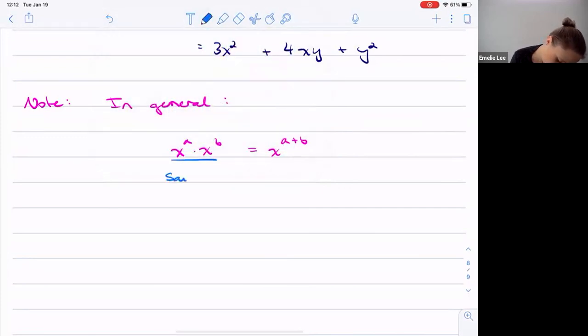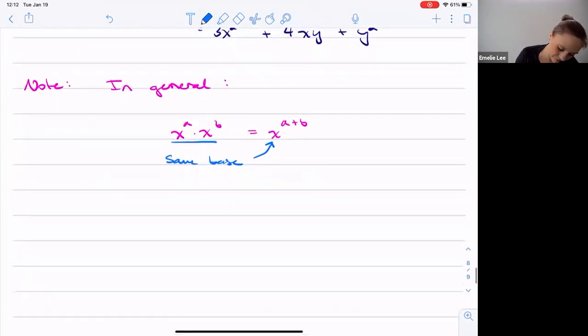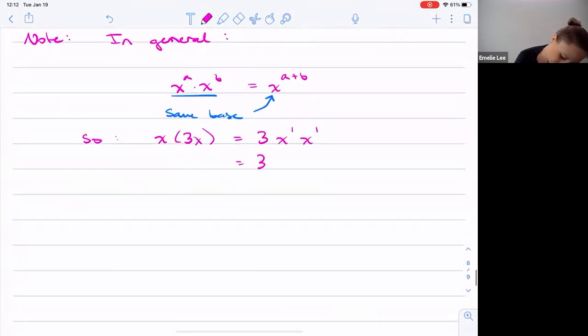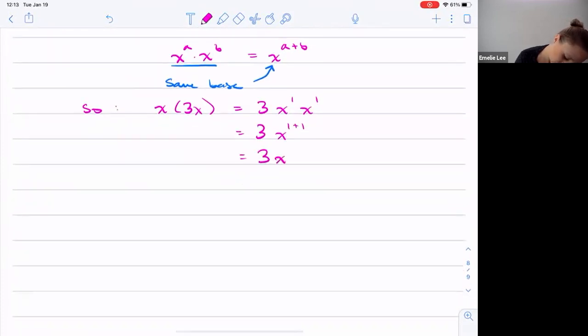Here we have the same base, and to combine those exponents, we add them. So what we've done is x times 3x is really 3 times x to the power of 1 times x to the power of 1, which is 3 times x to the 1 plus 1, 3 times x squared.